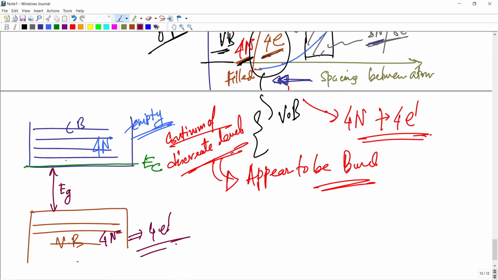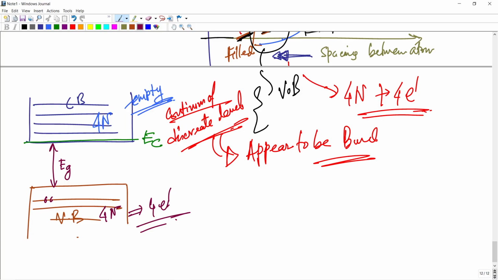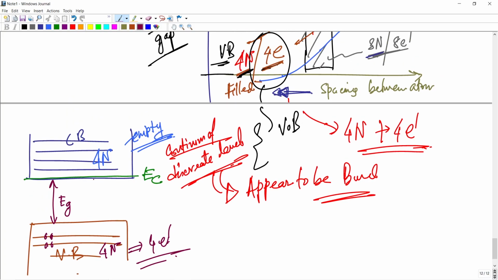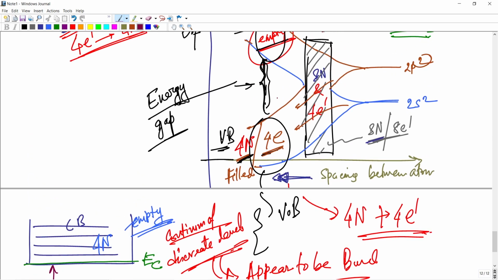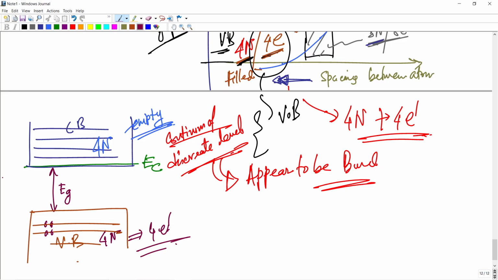Clear? The 4 electrons are filled here, and this is the gap. Graphically these represent the band structure, and this direction represents energy. So these are the basic ideas about what a semiconductor is.